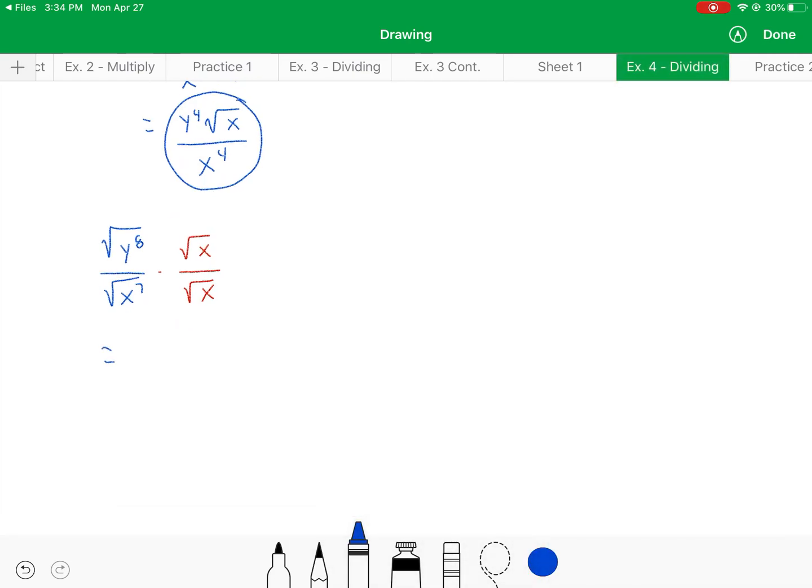So that's going to give me square root of xy to the 8th over square root of x to the 8th. Square root of xy to the 8th will simplify to y to the 4th square root of x, and then the square root of x to the 8th simplifies to x to the 4th. Okay, so that would be a different approach that leads you to the same result.